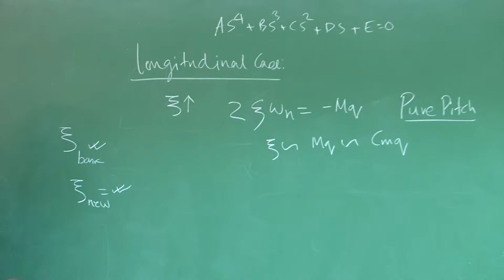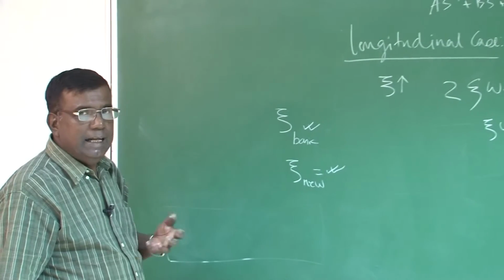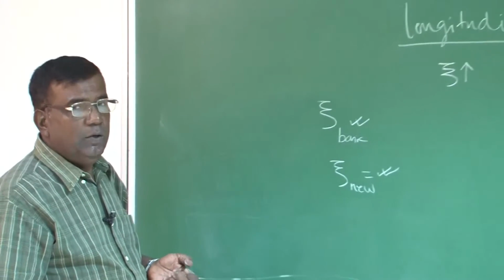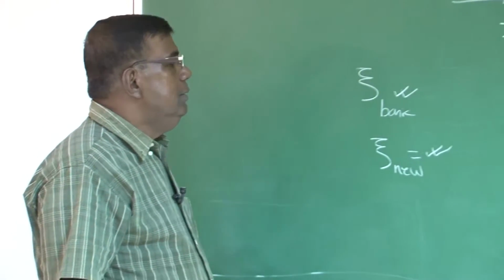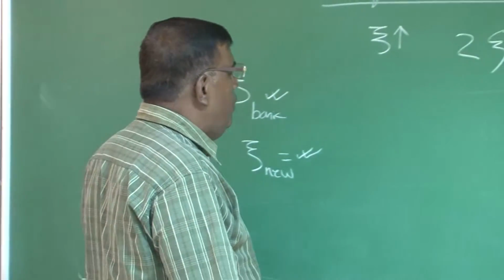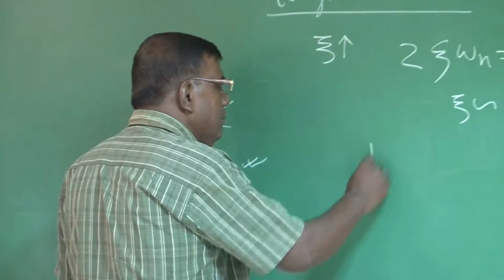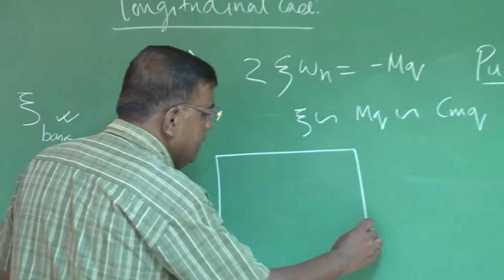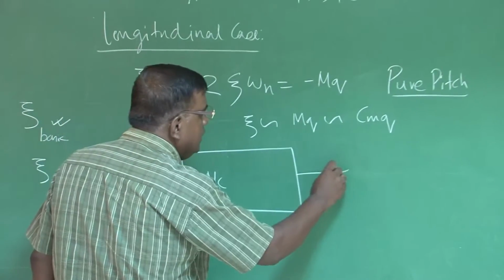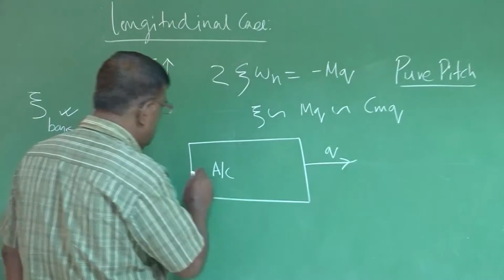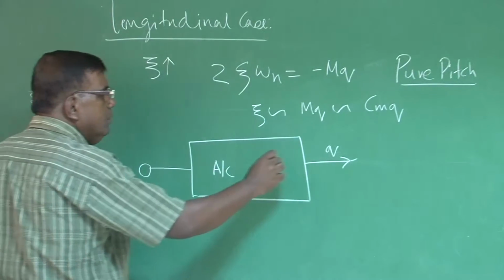So now you want a zeta nu, so that your airplane has the right type of damping ratio as dictated by, let us say, handling qualities. So how do I approach? Again, the method is simple, understanding wise. If this is the airplane and this is the Q pitch rate, this is what I do.